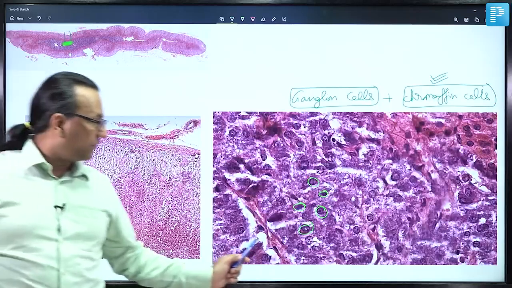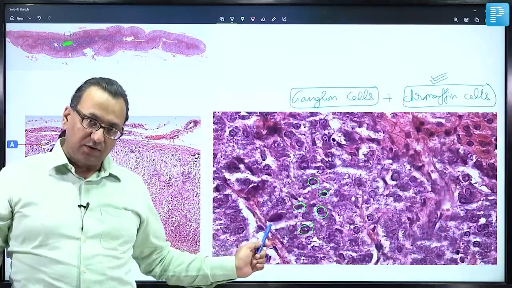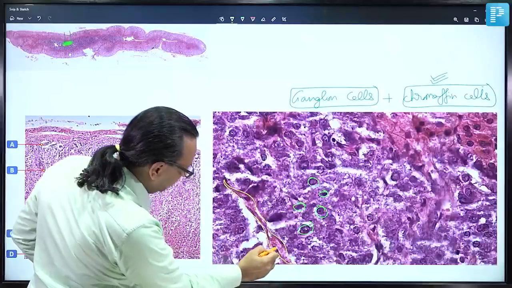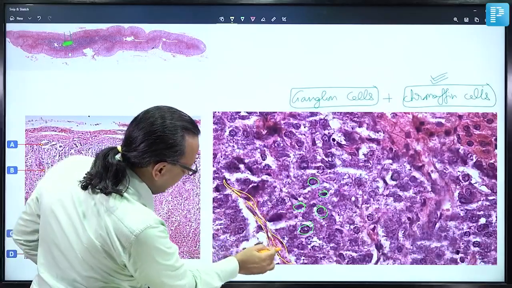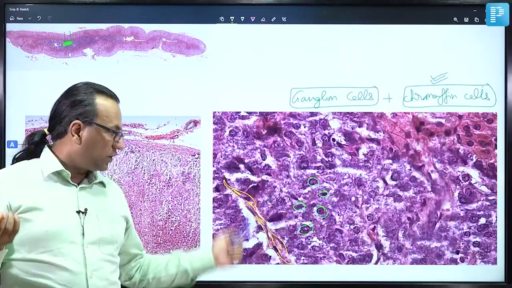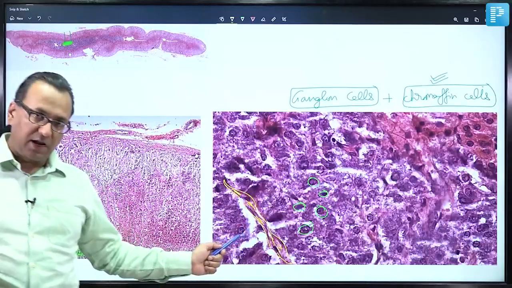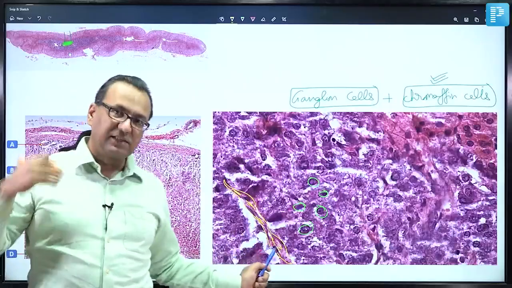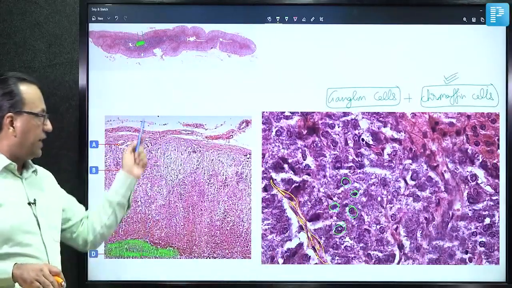So this was the magnified view of adrenal medulla, along with few blood vessels, as you can observe here, the fenestrated capillaries and sinusoids, which will obviously be there to absorb the secretions of adrenal medulla, which is adrenaline, noradrenaline. Adrenal gland is endocrine gland, so it is highly vascular.